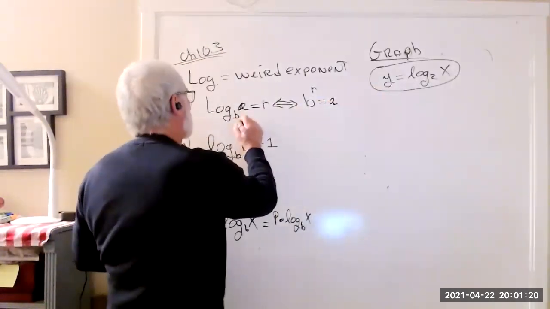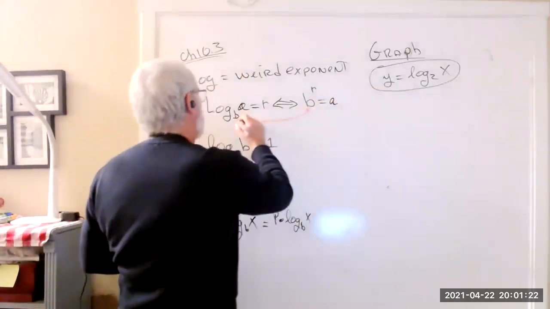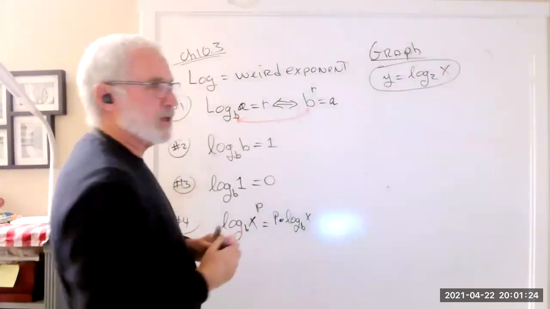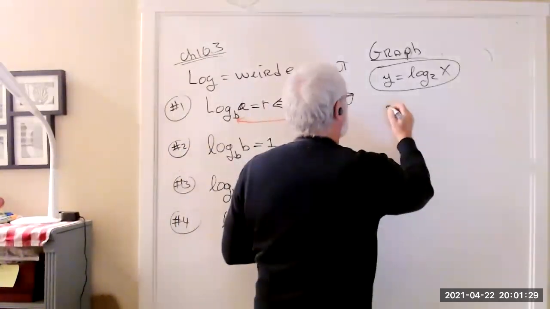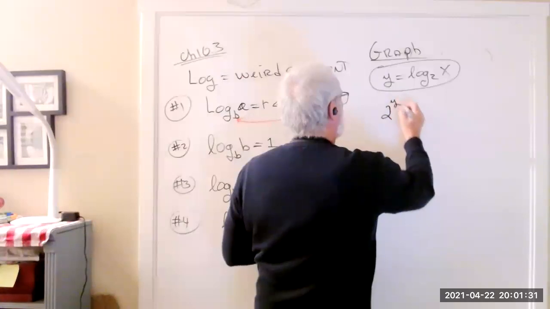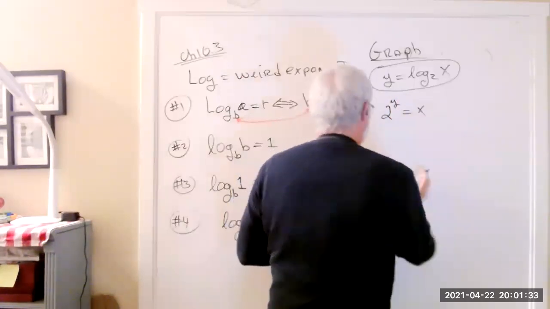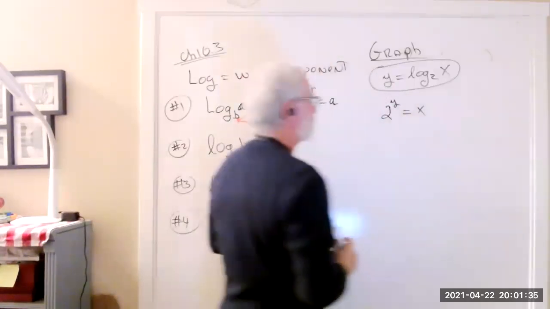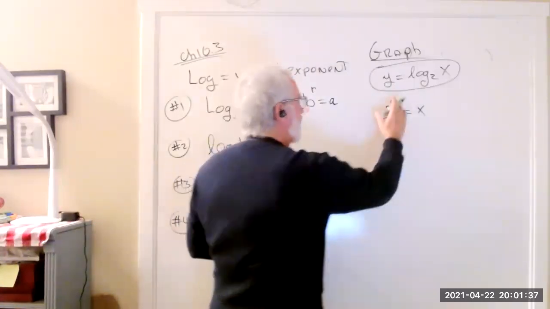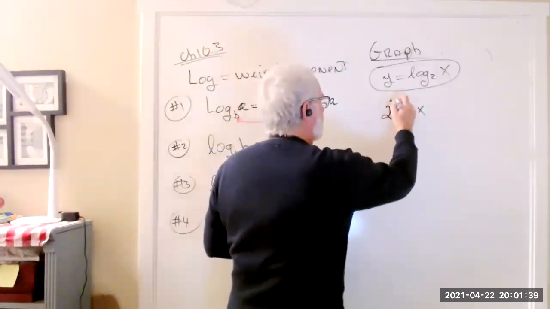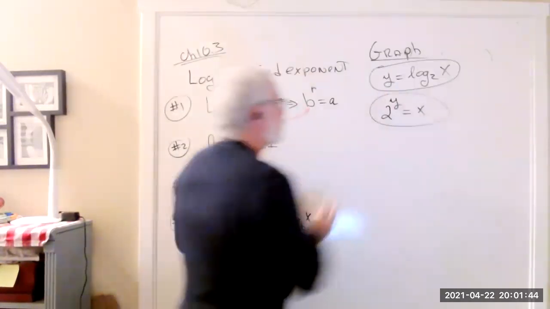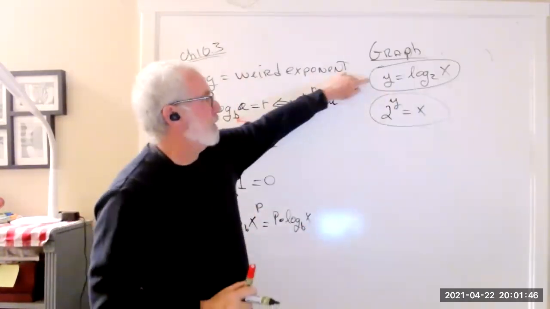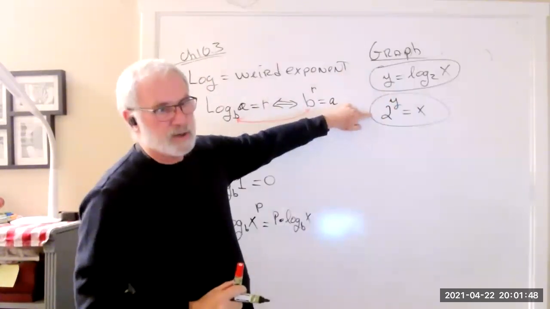Remember, the base of the logarithm and the base of the exponential have to be the same. So this is going to be 2 to the y equals x. Is that okay with everybody? That's using the bar rule to convert my logarithmic equation into my exponential equation. Are we okay or not okay?